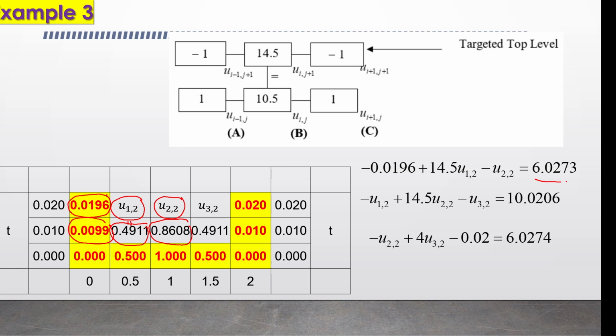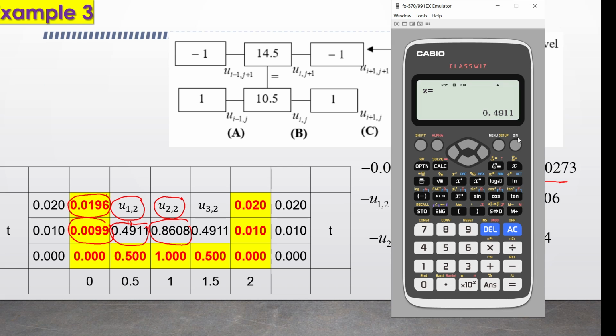Search back the formula just now: alpha A plus 10.5 alpha B plus alpha C. Calculate.